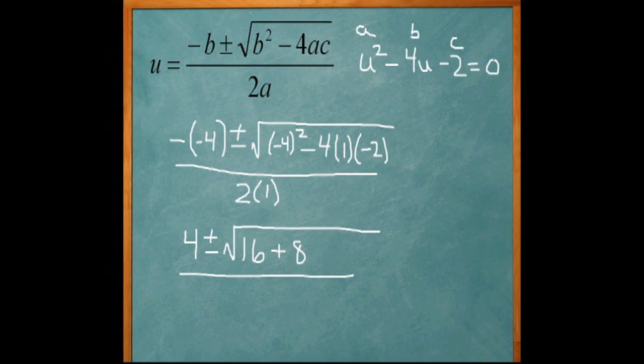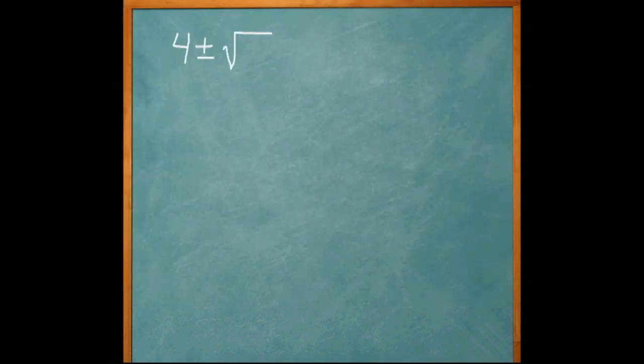And just 2 times 1, which is 2. All right, so we can continue from there. Let me rewrite it here. So 4 plus or minus, we had a 16 plus 8 in here, which gives you 24, over 2.